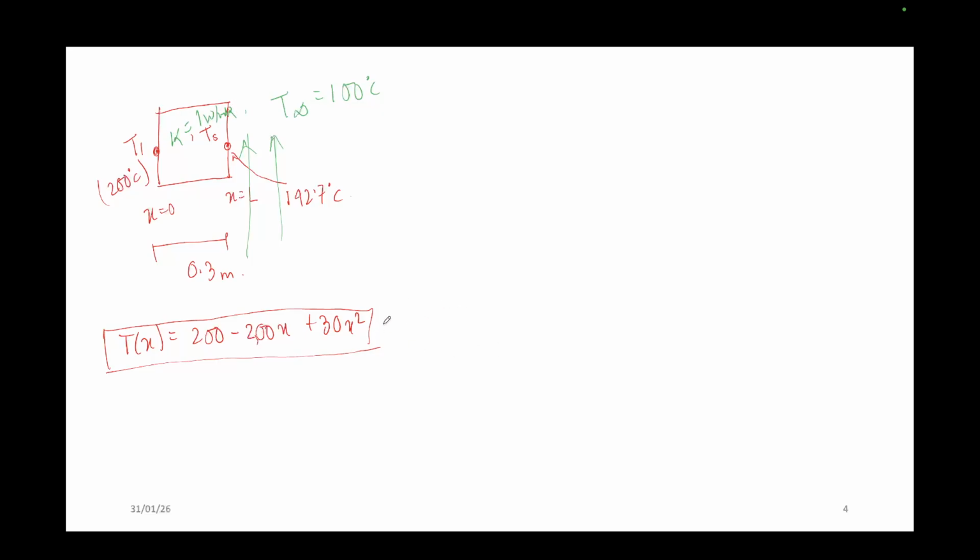The first question is: find the surface heat flux. Okay. The next question is: find the rate of change of wall storage. Next is: find h, the heat transfer coefficient.